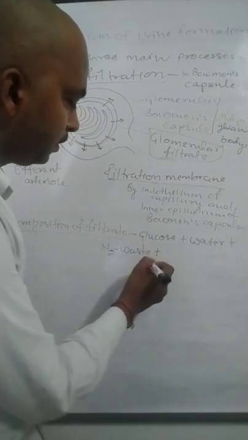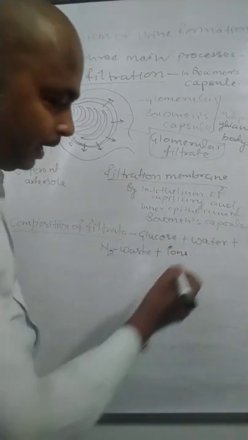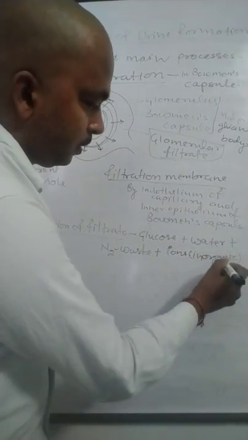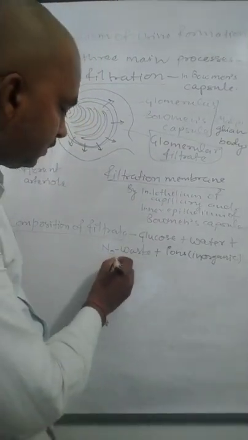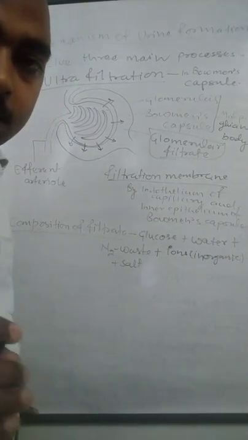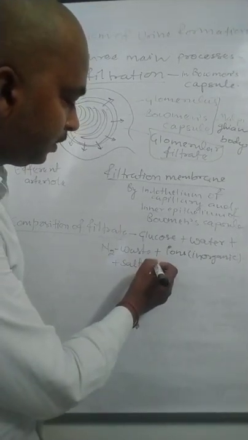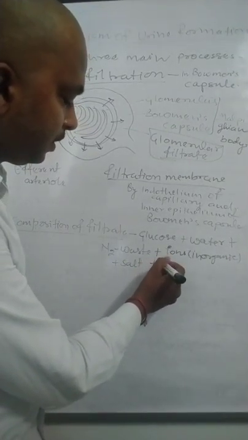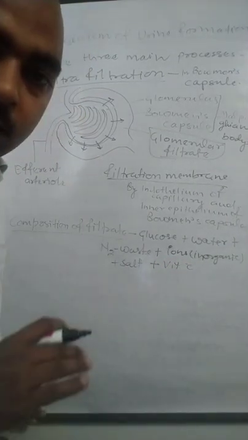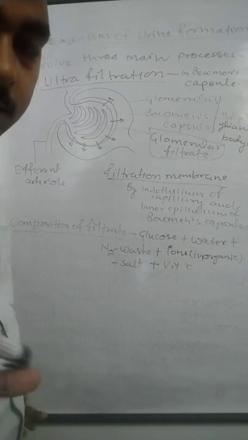Along with this there are inorganic ions plus salt. Salt is actually found in the form of ions, but some is found in the form of salt. Then some vitamin C. So these are the different components of the filtrate we obtain after ultrafiltration.